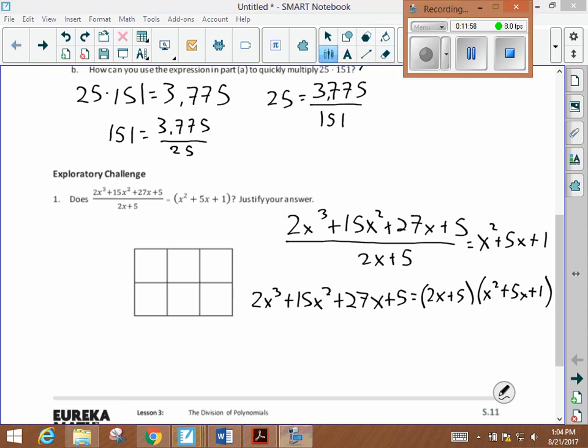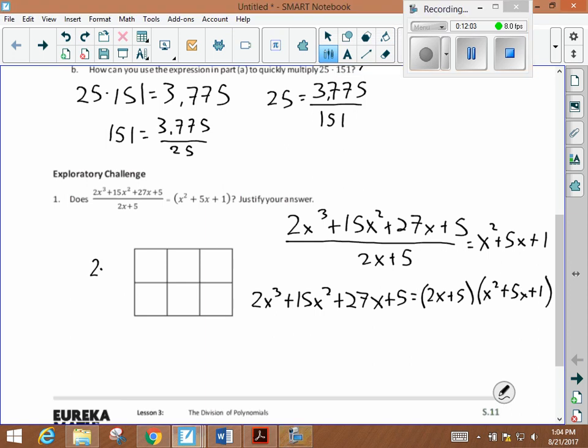Sorry, I started to put the wrong values there. So if we're writing it this way, our answer is 2x cubed, 15x squared. We have a 27x here. And we have a 5.